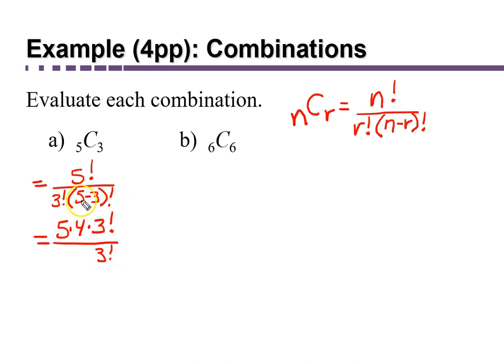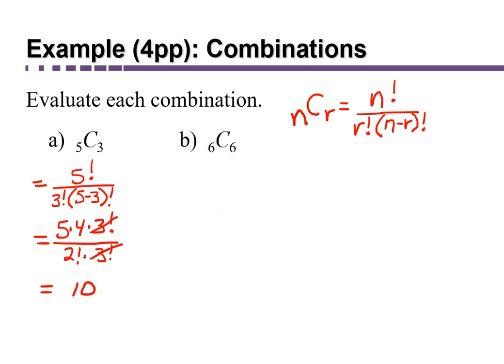And then what will this be? 5 minus 3 is 2, so this will be 2 factorial. Here I can just cancel these out. So this is 5 times 4 is 20, and 2 factorial is 2 times 1, which is 2. 20 divided by 2 gives me 10.